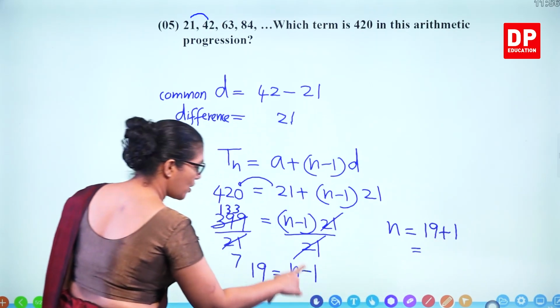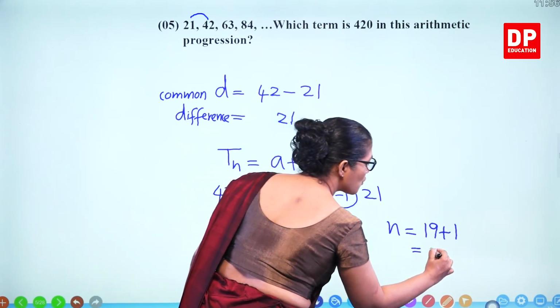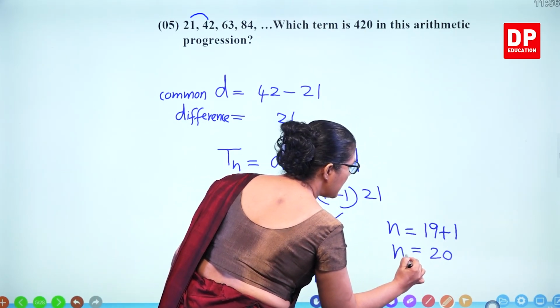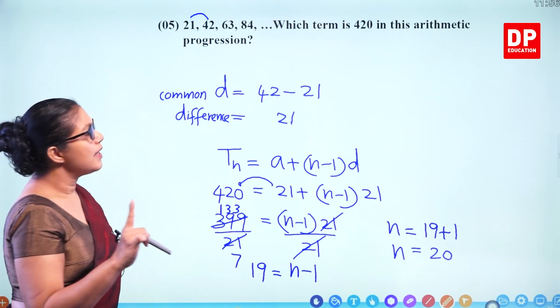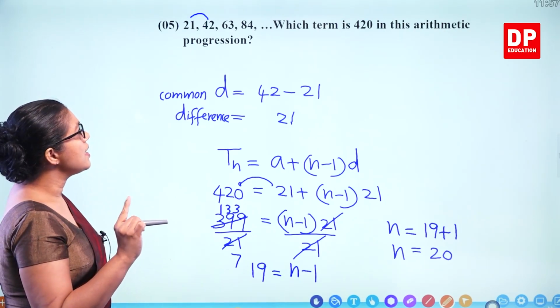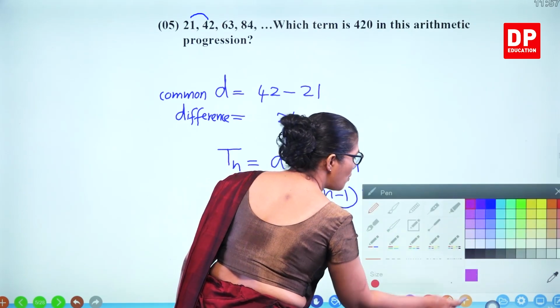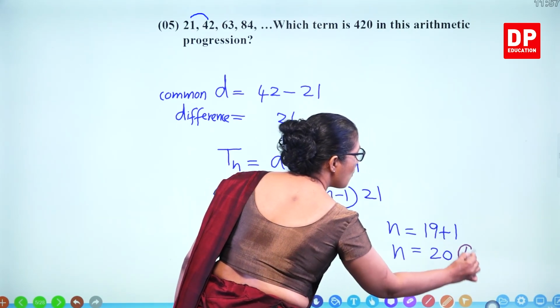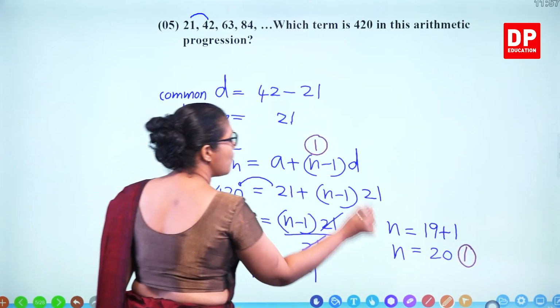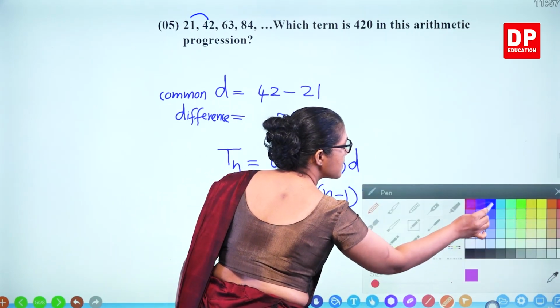Take this minus 1 to this side, it becomes plus 1. So 20. That means the 20th term is 420 in this arithmetic progression. So 2 marks again. 1 mark for the method and 1 mark for the answer.